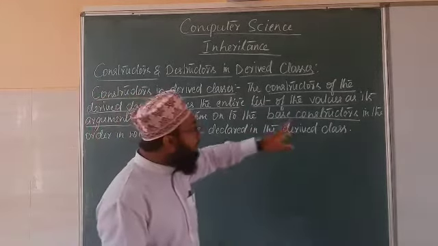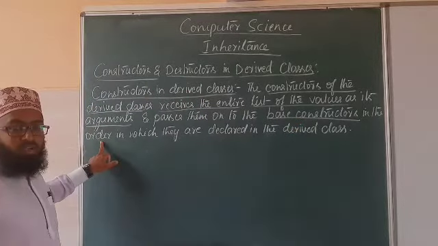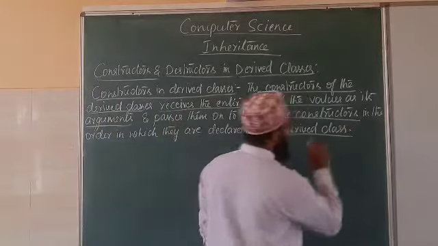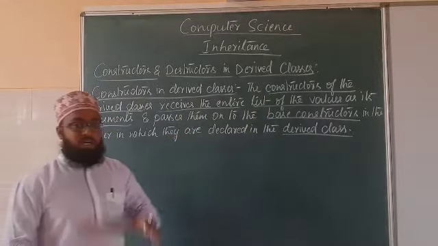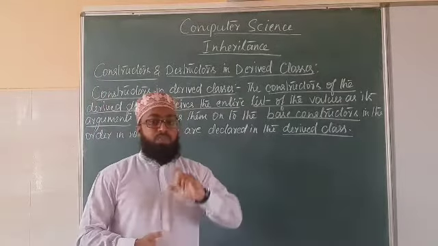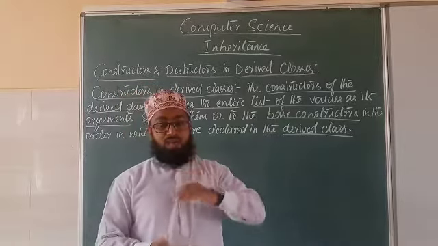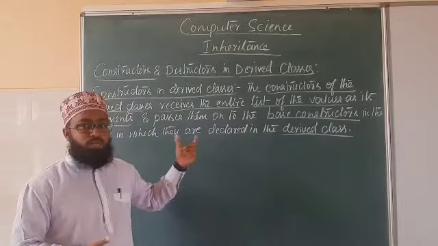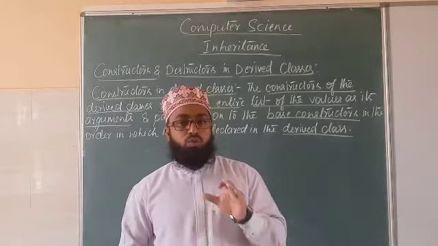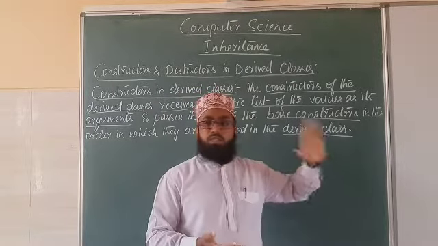The constructors of the derived classes receive all the values as arguments and pass those values to the base constructors, in the same order in which they are declared in the derived class. If some values are declared in some order in the derived class, then the constructors of the derived class receive all those values in the same order as arguments, and pass those values to the base class constructors in the same order.